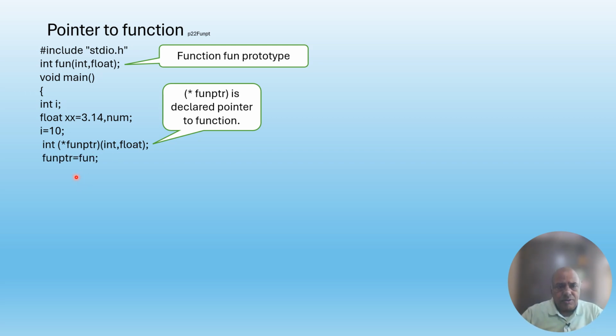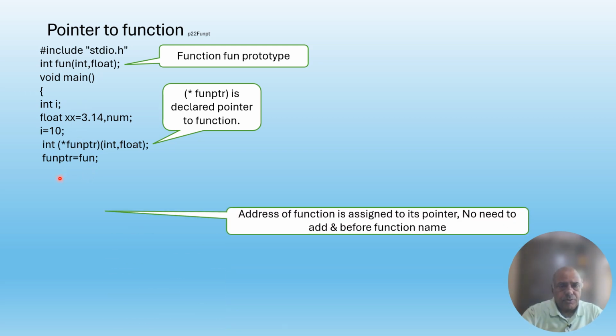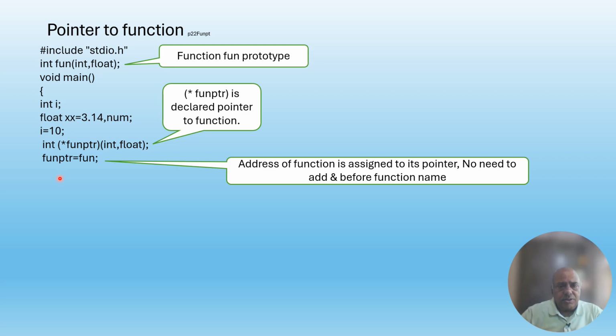Now in funptr = fun, what we are doing is assigning the base address of function fun to the pointer. The address of the function is assigned to its pointer. No need to add ampersand before the function name. Whenever we assign the address of a variable to a pointer, we have to put ampersand before the name of the variable.